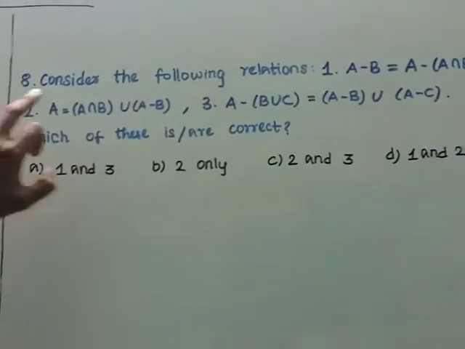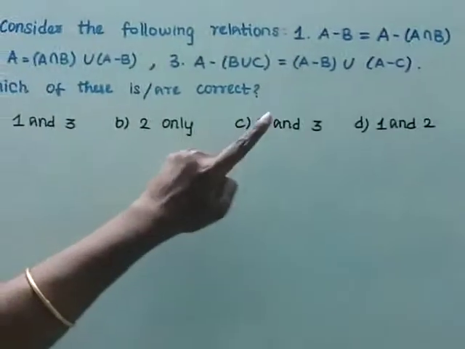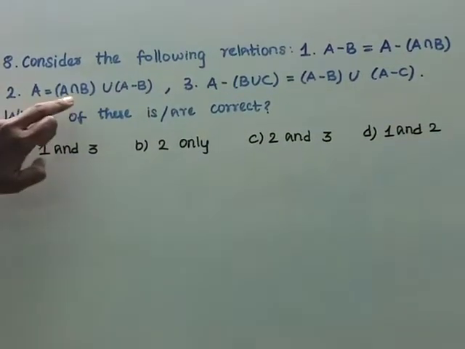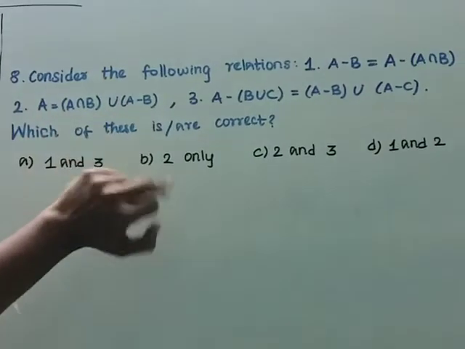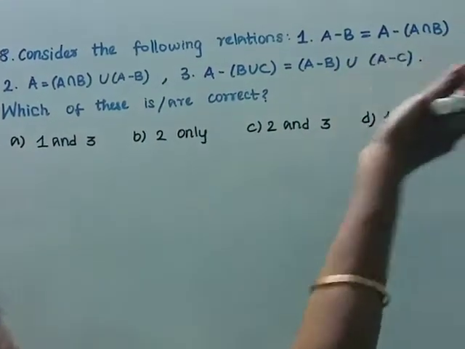Next we pass on to the eighth problem. Consider the following relations. First one: A minus B equals A minus A intersection B. Next: A is equal to (A intersection B) union (A minus B). Third one: A minus (B union C) is equal to (A minus B) union (A minus C).